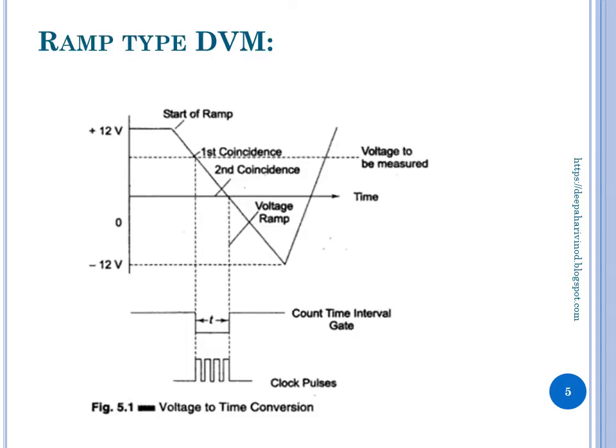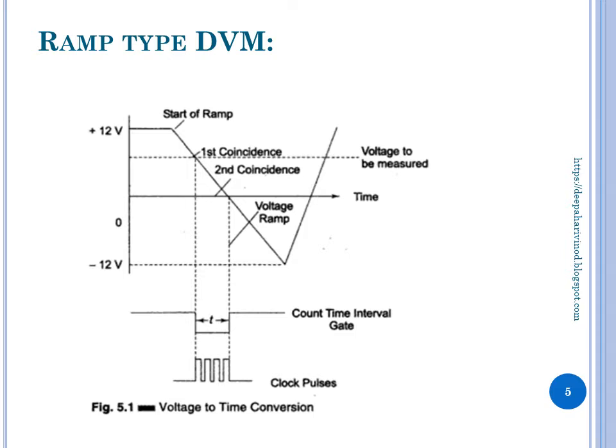Ramp type DVM. The operating principle is to measure the time that a linear ramp takes to change from the input level to ground level or vice versa.